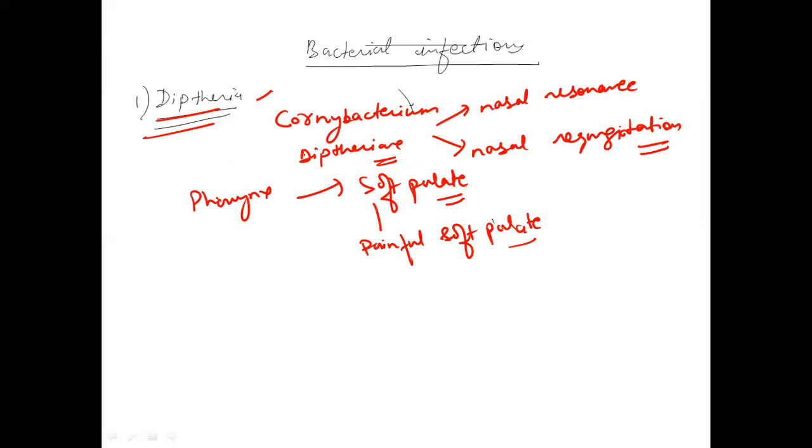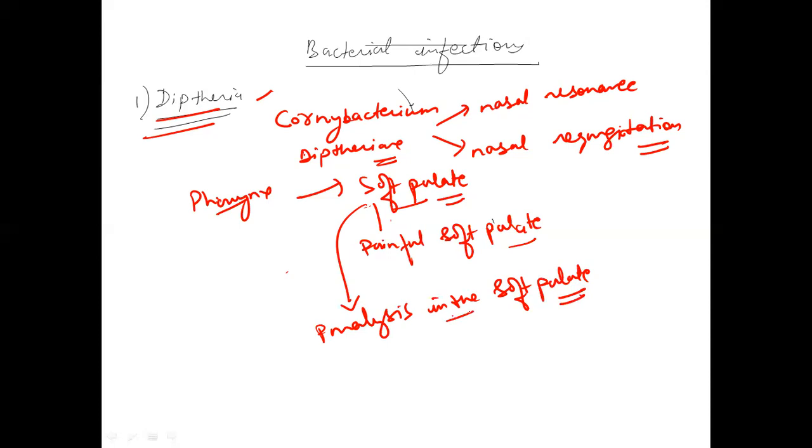That means there is a tenderness in the soft palate, and sometimes there is paralysis of the soft palate. So just remember, there is paralysis, there is a painful soft palate, and the tract which is involved is pharynx to soft palate, right? So it involves tonsillitis also.